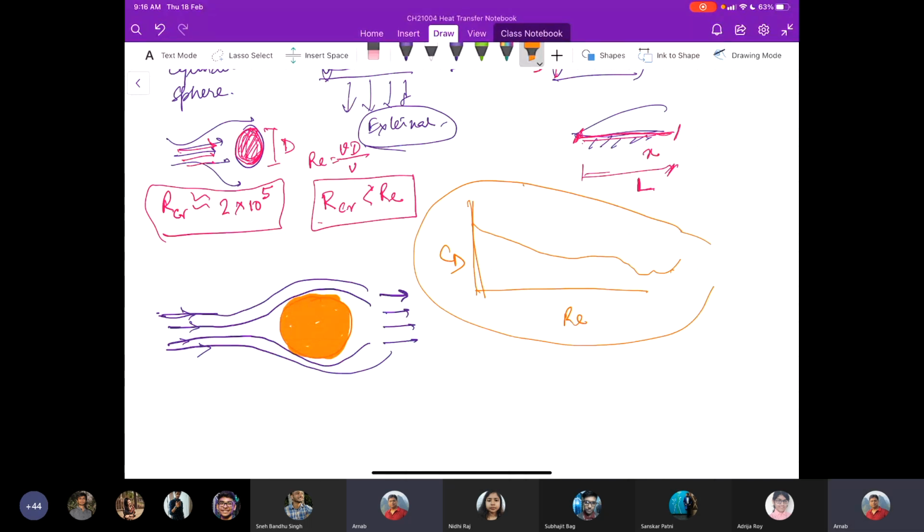So consider this orange thing a spherical, the smooth cylinder. Okay. Now it has a diameter d.